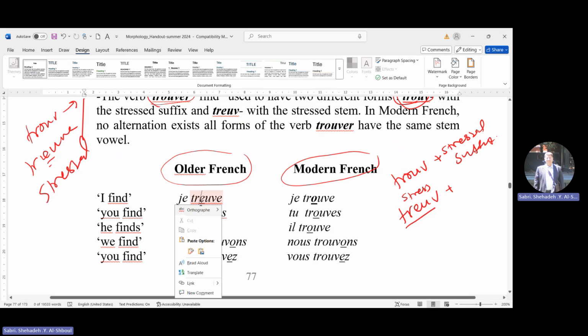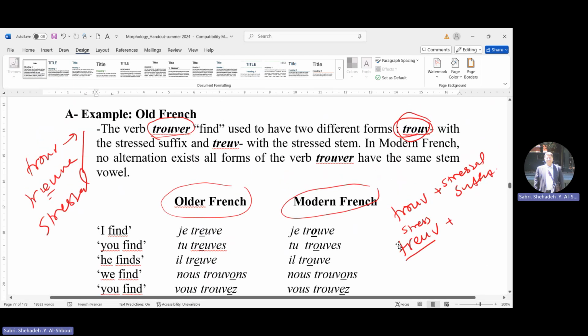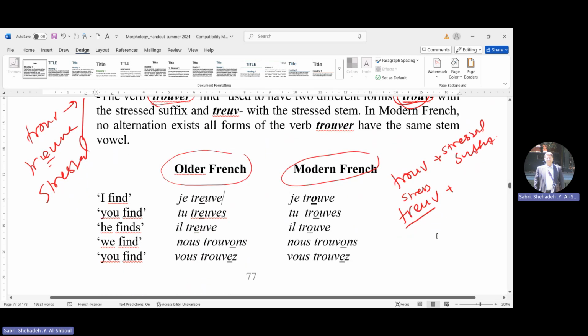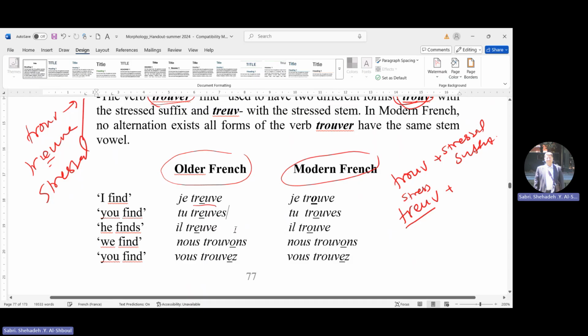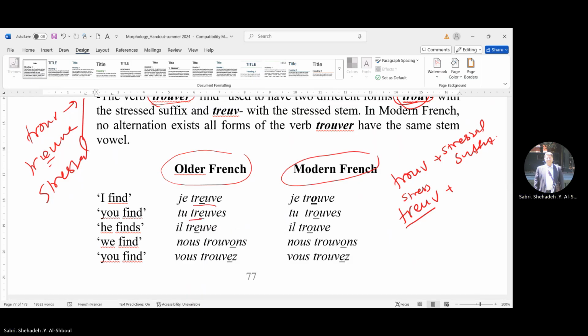Here the underlined form means stress. It is with EU because the stem is stressed. The second form is also stressed and it is EU.